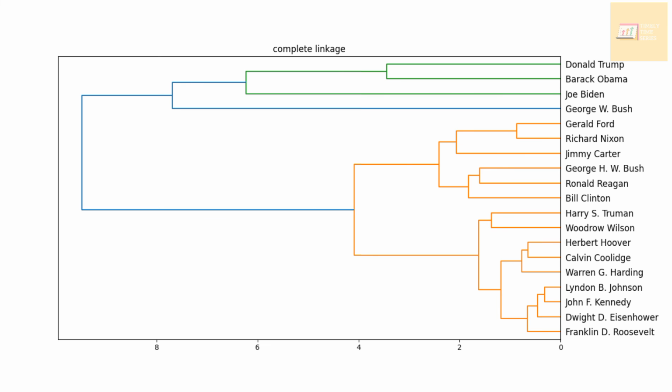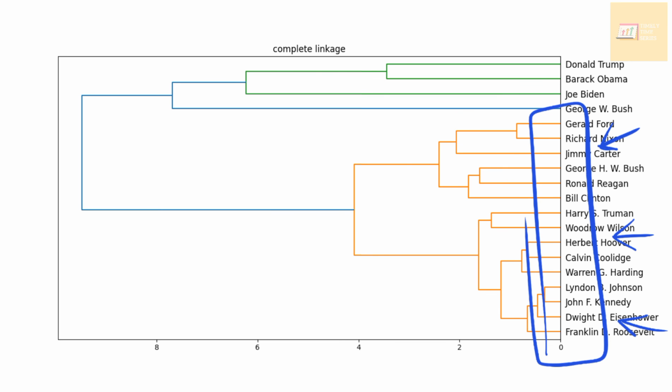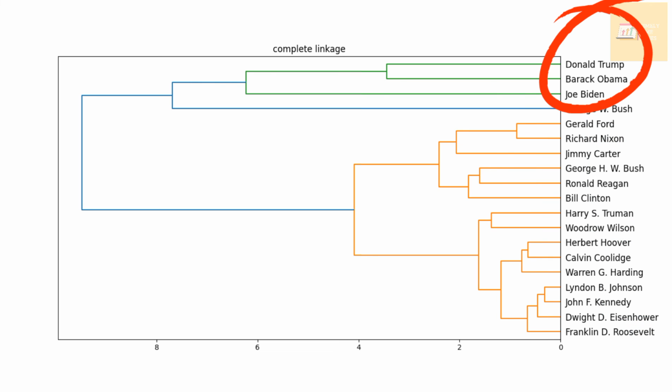And just like the cluster C before, the series for George W. Bush needs to calculate its distance with the big cluster, orange, and the smaller cluster, which contains Barack Obama, Joe Biden, and Donald Trump. Like that.